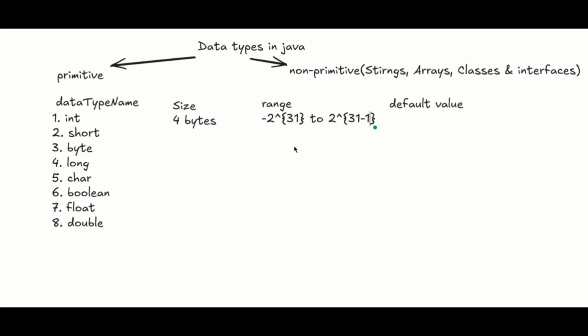You can calculate this by using a calculator. Since it is a huge value, it will take more time, and the screen will also not be enough for me, so I'm just ignoring adding it here. And the default value for the integer is 0.